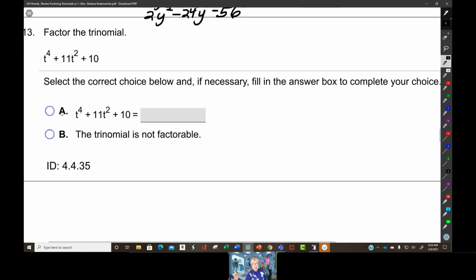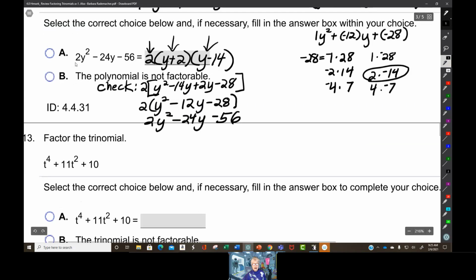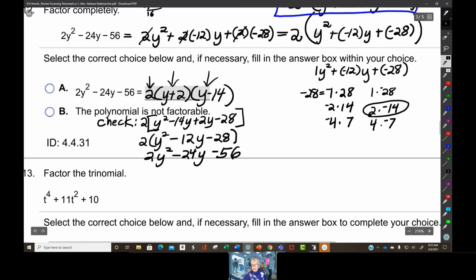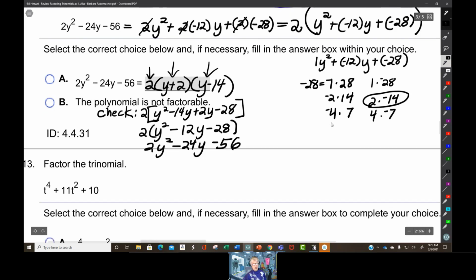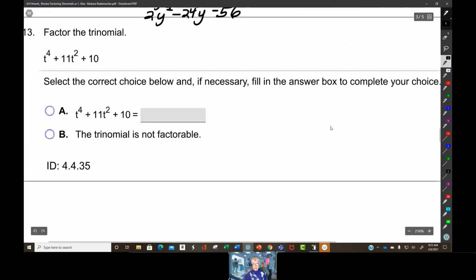Because the A number is not 1. Everything is harder when your A number is not 1. Well, here it wasn't 1, but it was a GCF. And once we pulled out the 2, we had A equals 1. So this became much easier than the next group of problems on the next piece of paper will be.